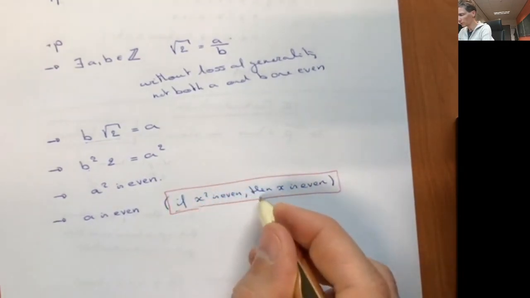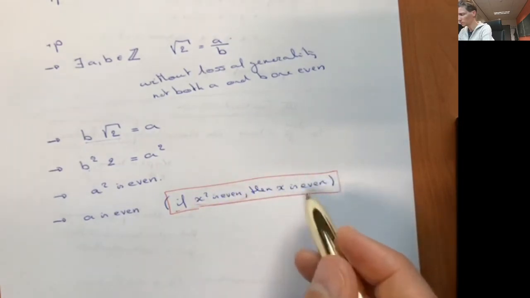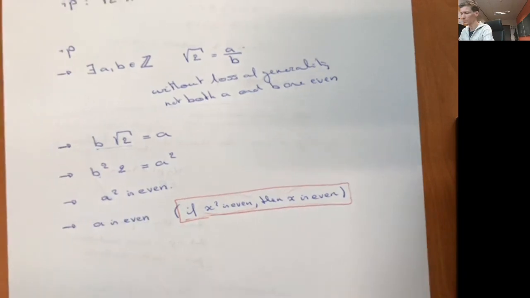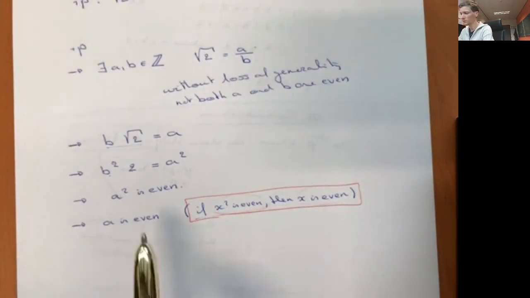So this is an if-then, right? So it's P then Q. You can either use the direct proof, you can try proof by contrapositive, but you should be able to show that if x squared is even, then x is even. So I leave it up to you to try this, but basically you can show that this is correct. A squared is even, then A is even.